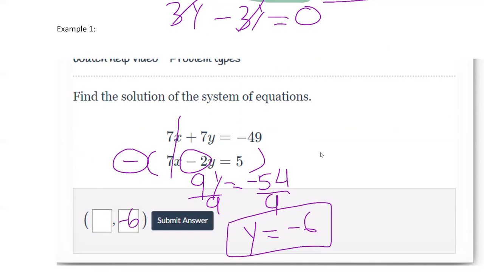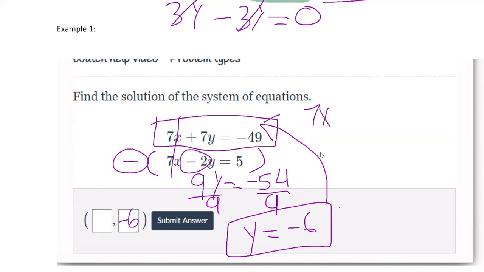So that's our y. To get our x, we can plug it back into either one of our equations. In elimination, it's usually a little bit more work to get your second answer than when we were doing substitution. But I'm going to plug this into the top equation in for our y. So I will have 7x plus 7 times negative 6 equals negative 49.